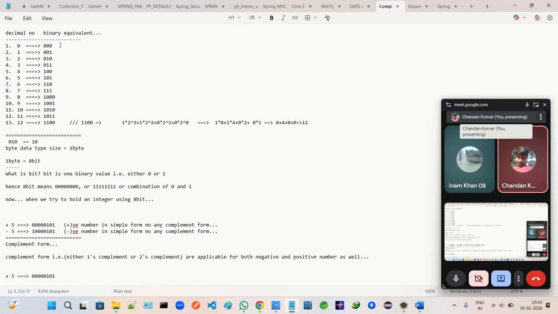And 1 bit means either 0 or 1, a binary number only. Suppose we have only one coin having two parts: head and tail. The coin is only one, having two parts, but at a time only one can come, either head or tail.